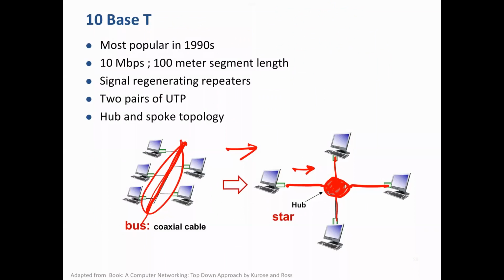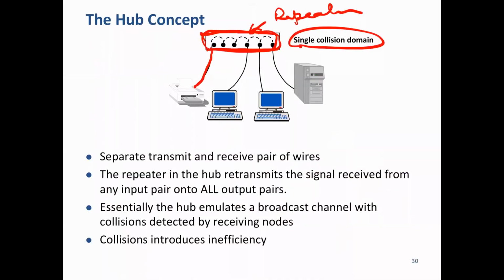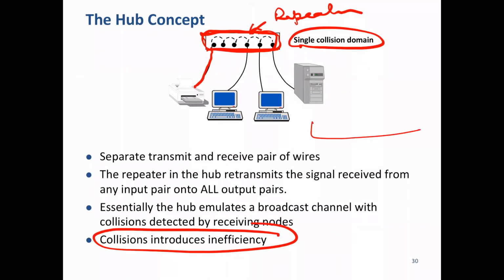Whenever there's a collision, it has to be detected, and all the communication that happened before the collision is wasted. The more machines there are in the network, the more collisions will happen, because they will have data to send. So it's wasted bandwidth, which is inefficiency. How can we avoid collision then, keeping the Ethernet frame the same?